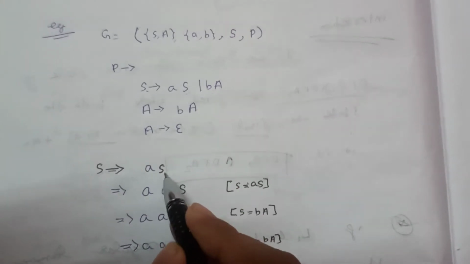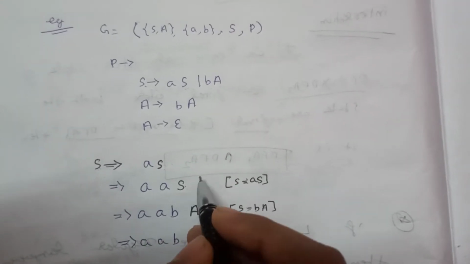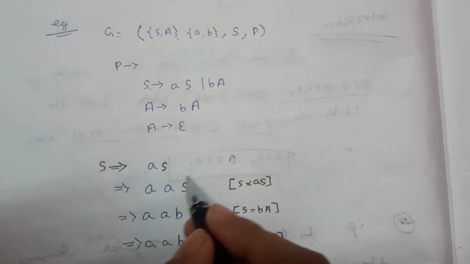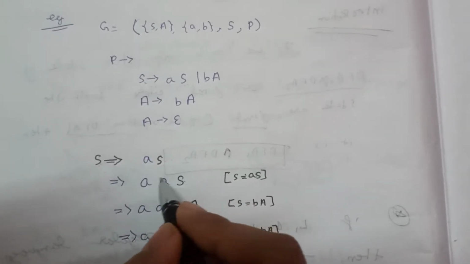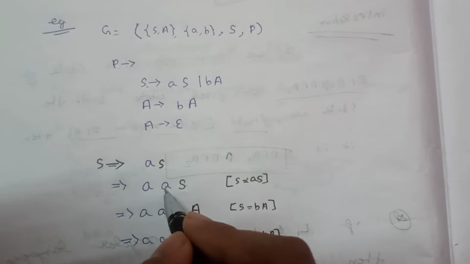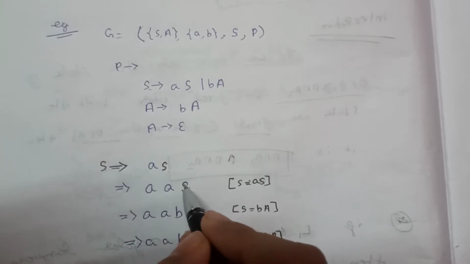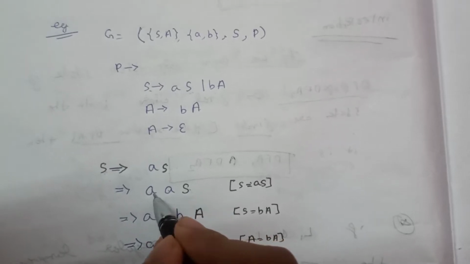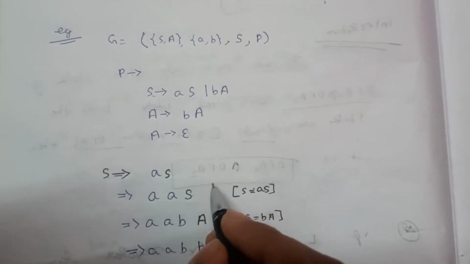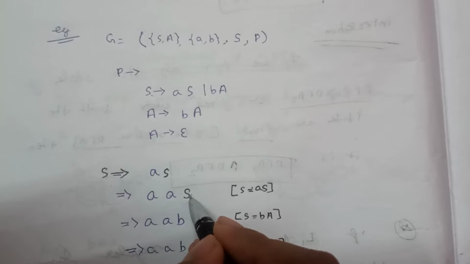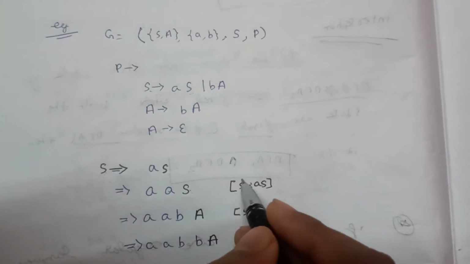See, this is kind of recursion. Or you can also say in terms of an automata that this is a self loop of a. So you can have any number of a's before S. From here I can again take aS, and then again aS.